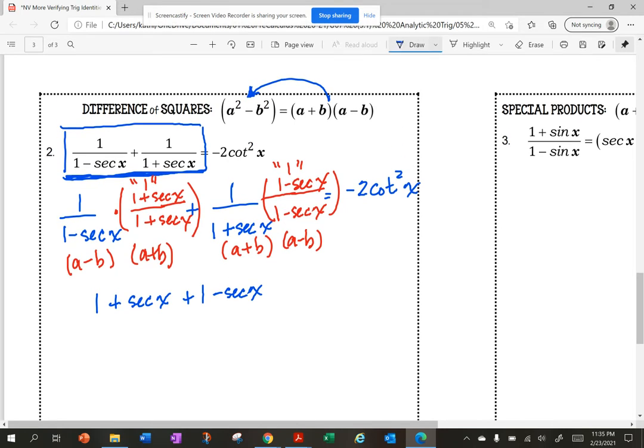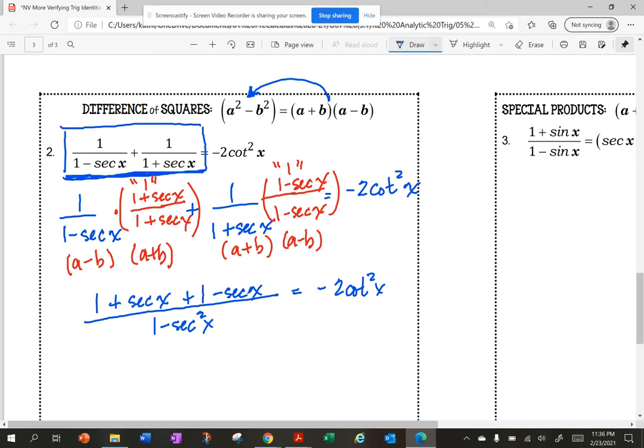And in the denominator, since I have the two factors, I know I'm going towards a minus b. So I know my two middle terms cancel. So I'm going to just write this as 1 minus secant squared of x. And I do nothing to the right-hand side, so this still is minus 2 cotangent squared x.